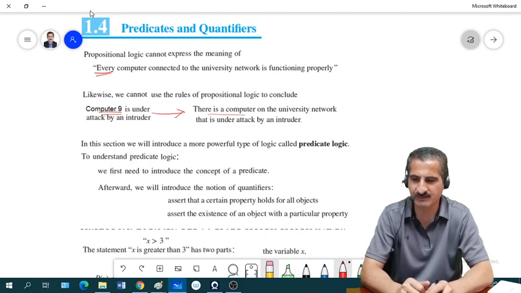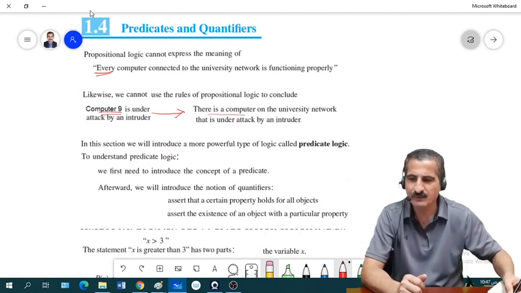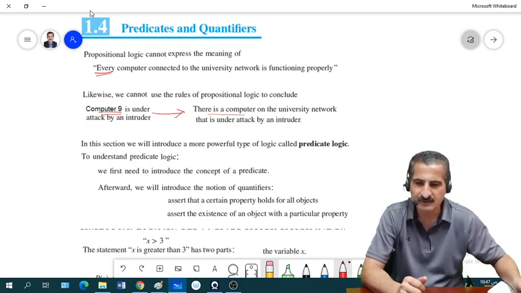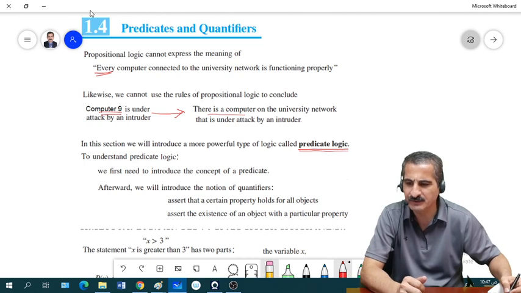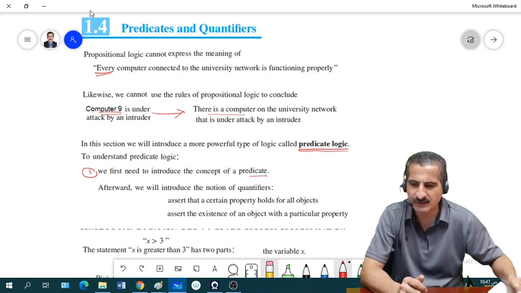These are quantifiers, and working with such a thing is what we call predicate logic. To understand predicate logic, we need to introduce two things. First, we need to know what is a predicate.